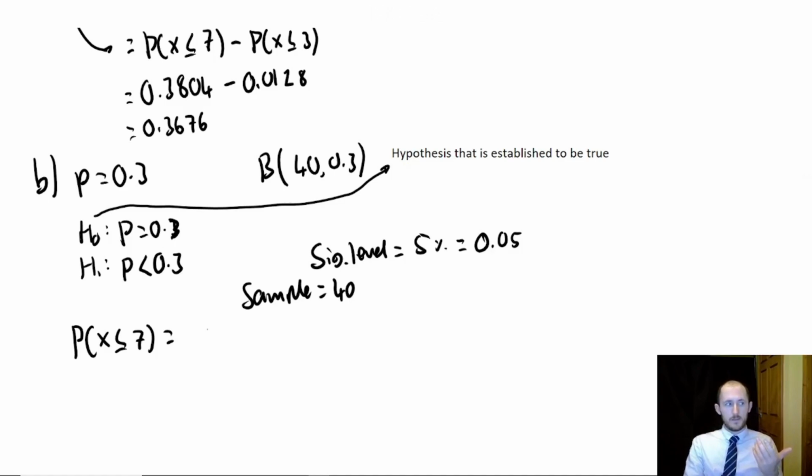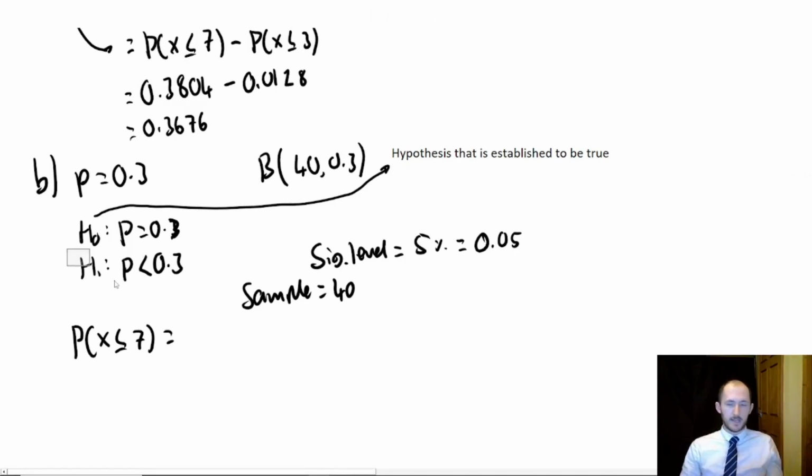Again, this is a very difficult topic to understand. I can show you the method and you'll be fine, but we need to understand it to make it easier, and sometimes they throw curveballs at you. So one more time, this probability I'm working out is the probability that 7 or fewer people ordered a starter, assuming my null hypothesis. If this number's really small, then it's really unlikely for it to have occurred.